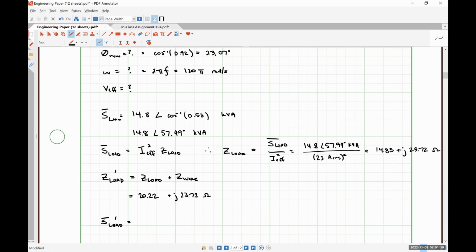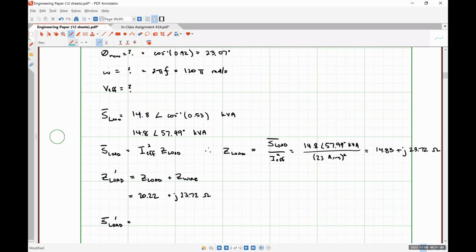Thank you for that. All right, so how do we calculate the total complex power absorbed by our composite load here prior to power factor correction? The answer is already written here.